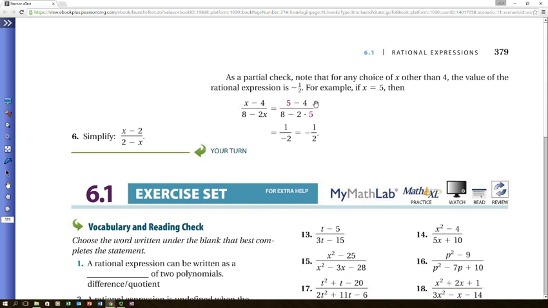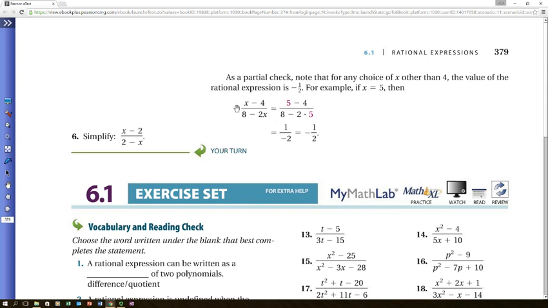And this is where they go through that check process again. As a partial check, note that for each choice of x other than 4, because why do they say not 4? Well, 4 would be restricted because that would make the denominator equal to 0, just like the first part of this section we were talking about. Look out for those restricted values. So let's try x equal to 5 and see what happens.